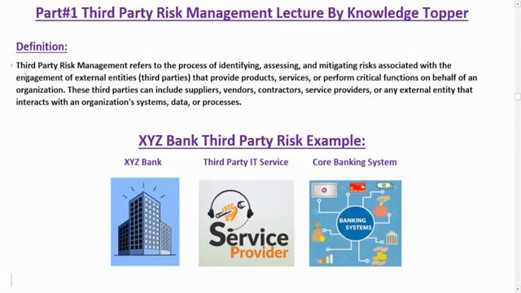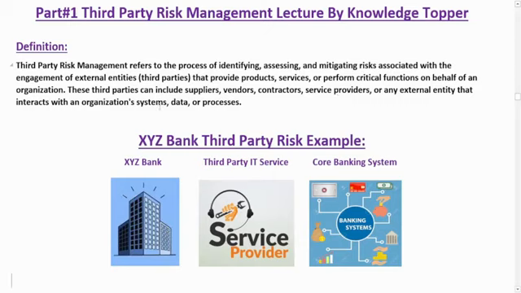So as written on your screen, third party risk management refers to the process of identifying, assessing and mitigating risk associated with the engagement of external entities like third parties that provide products, services, or perform critical functions on behalf of an organization.